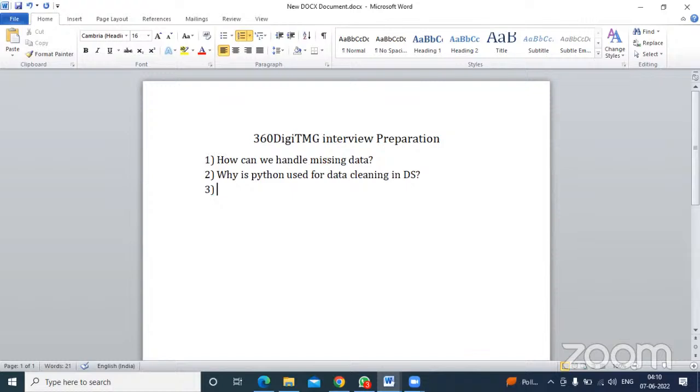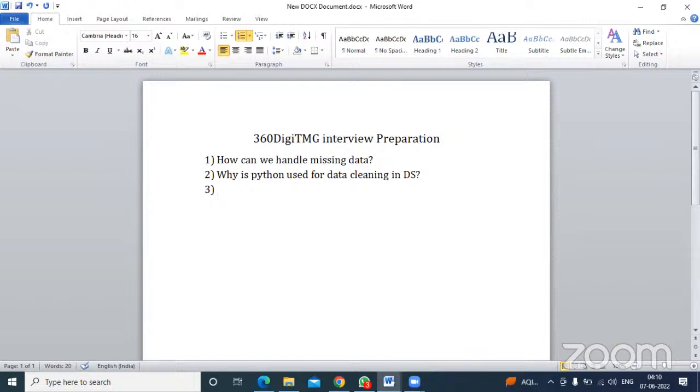As I mentioned, data should be clean and in a proper format so that we can use it for an algorithm or for processing. So why are we using Python for it? Because Python has libraries like matplotlib, pandas, numpy, keras, scipy, and even seaborn.